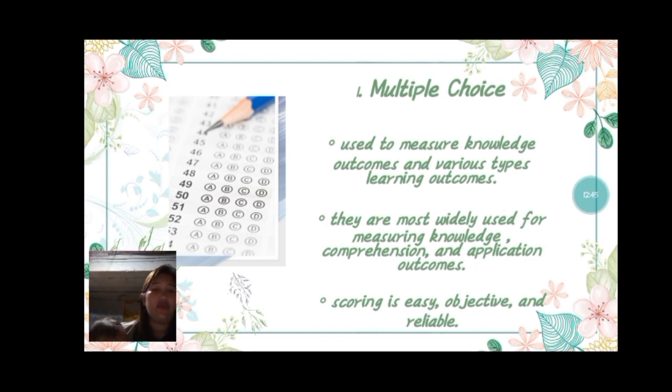You still need to think, because there are certain situations in a multiple choice where the choices are just the same. The only difference is a matter of wording, a matter of how the sentence was constructed, and a matter of comprehension, of course.